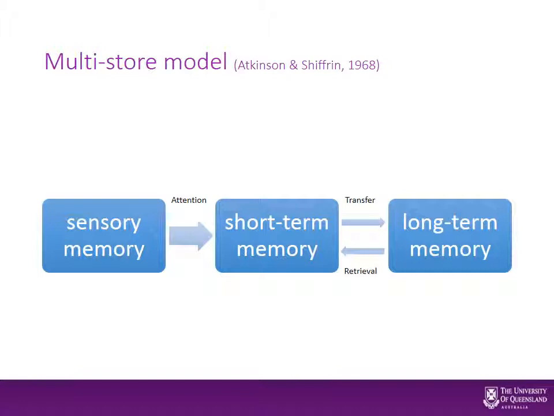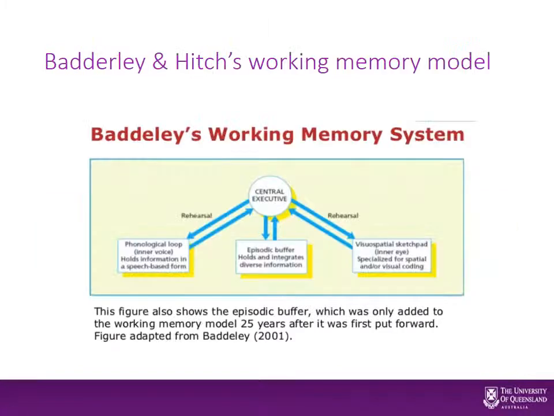There are different models, and this is an older model, but there's sensory memory. With short-term memory, there's rehearsal, and then there's long-term memory. A more updated model, perhaps, though both models you see are around, is Baddeley's working memory system.